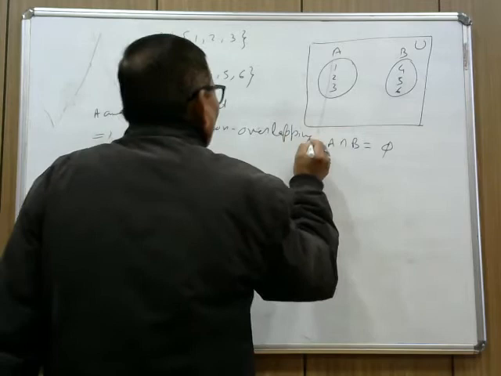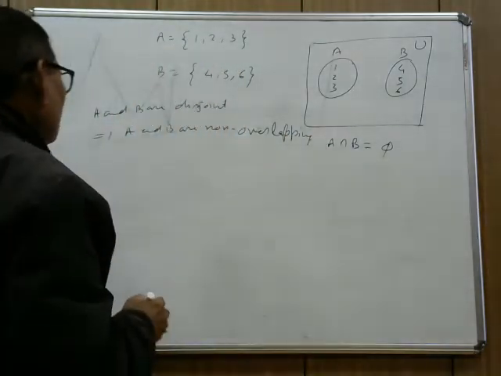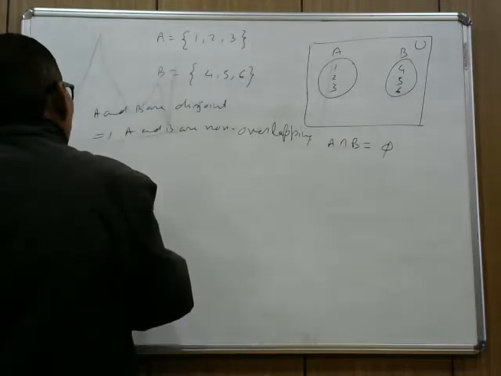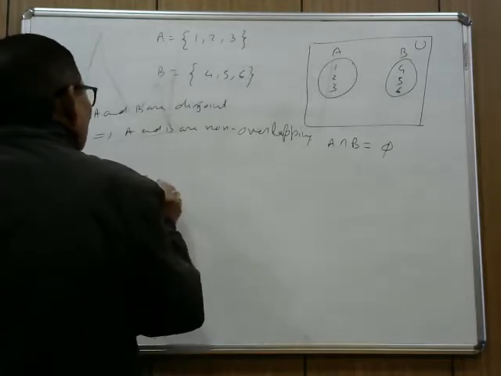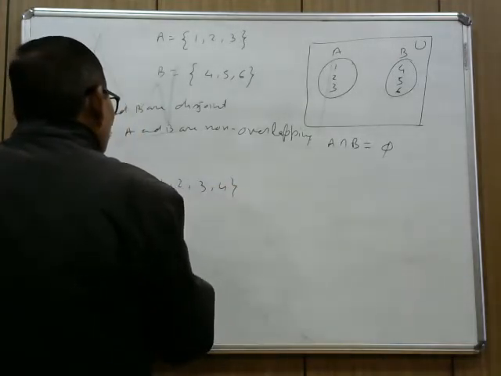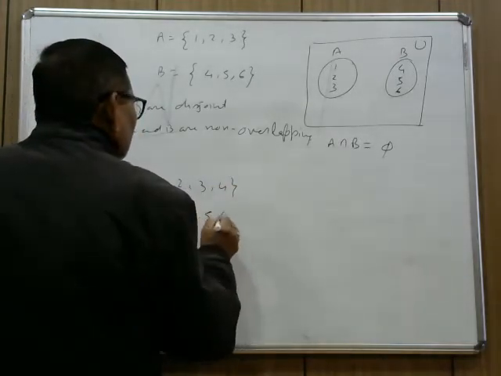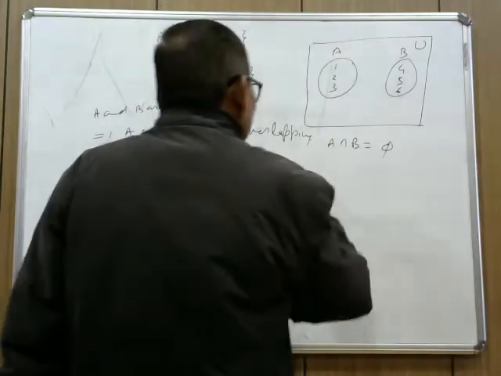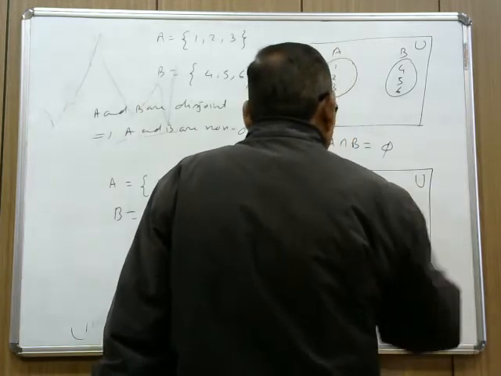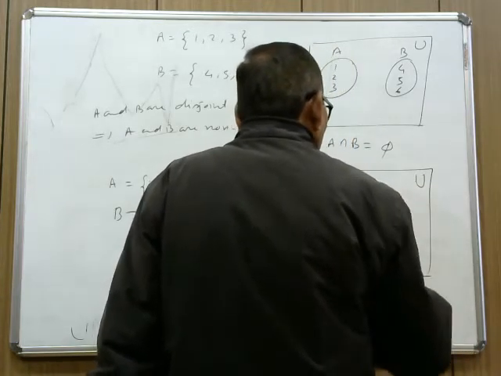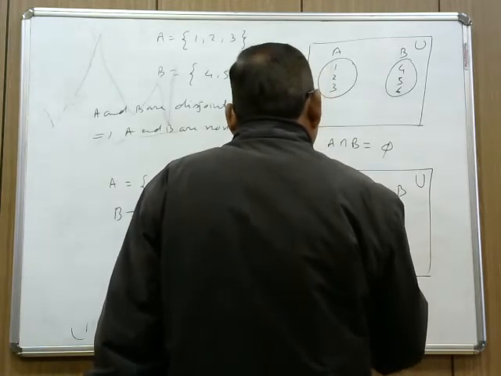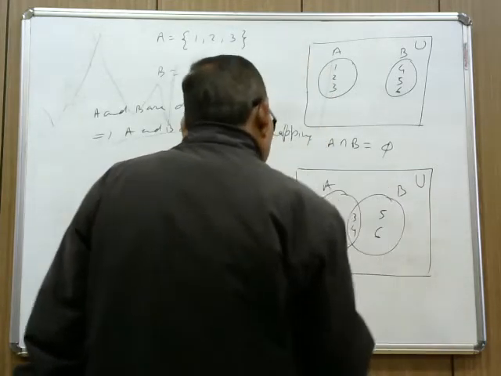And what are overlapping sets? They have some common element, they are joint. When you take set A as {1, 2, 3, 4} and set B as {3, 4, 5, 6}, in this case, they are overlapping sets. You can show it by a diagram: this is universal set, this is A, this is B. They have 3 and 4 as common, then 1 and 2, 5 and 6.